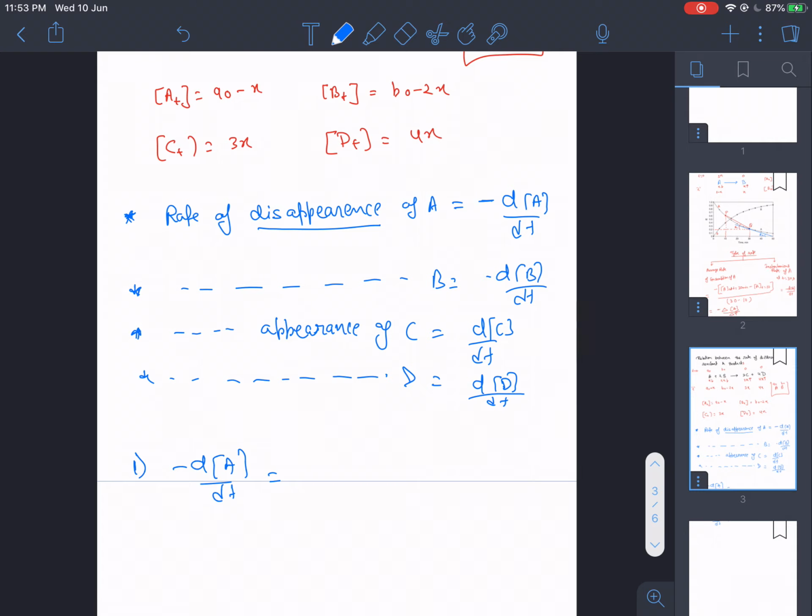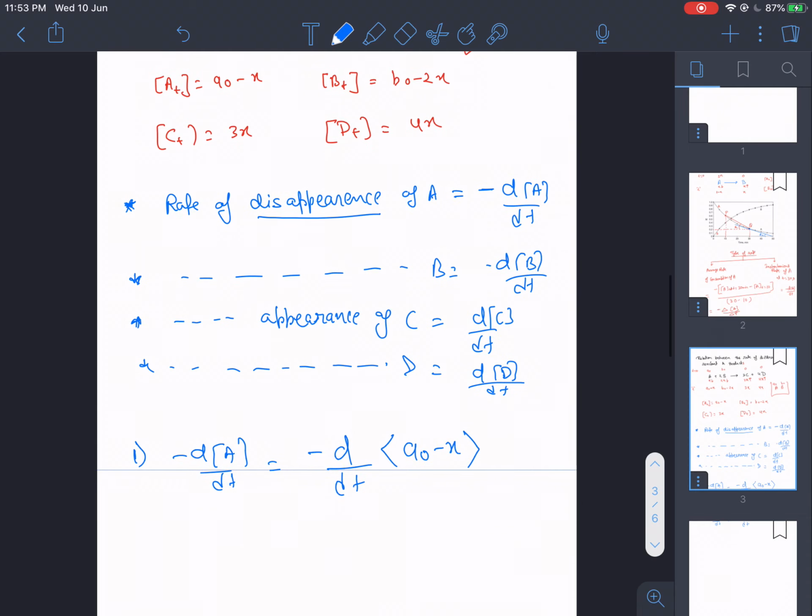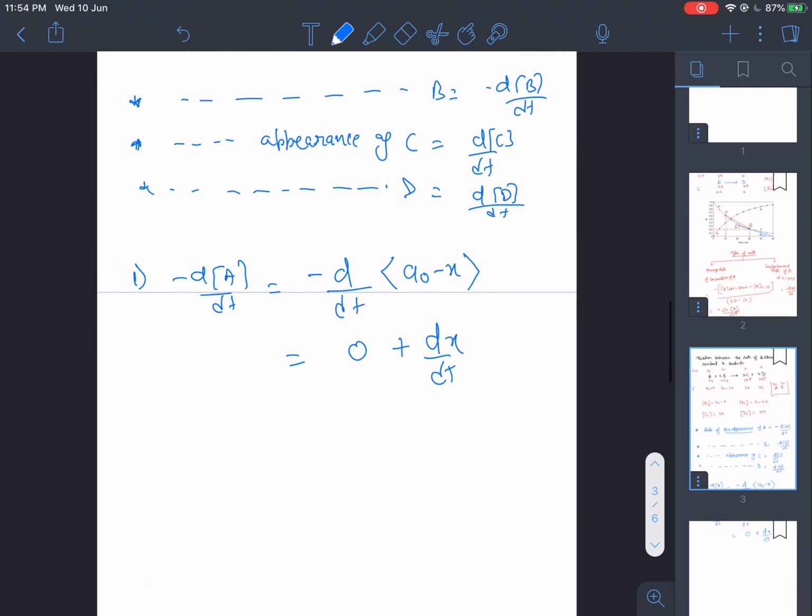Then what will be the situation? This will be minus d by dt of A. What is A at time t? A naught minus x. So what are we going to get? You differentiate. What is A naught? A naught is a constant value. If you differentiate a constant, it will become 0. And minus will become plus, so plus dx by dt. So what I got is dx by dt is equal to minus dA by dt.